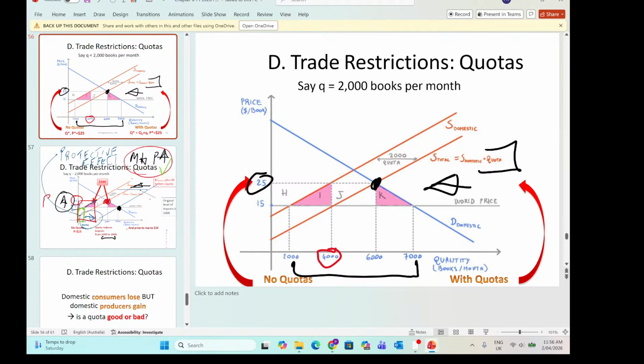The local demanders are buying 6,000, so the level of imports is now 2,000. We can see the imports there. So originally it was 5,000, and now it's 2,000.